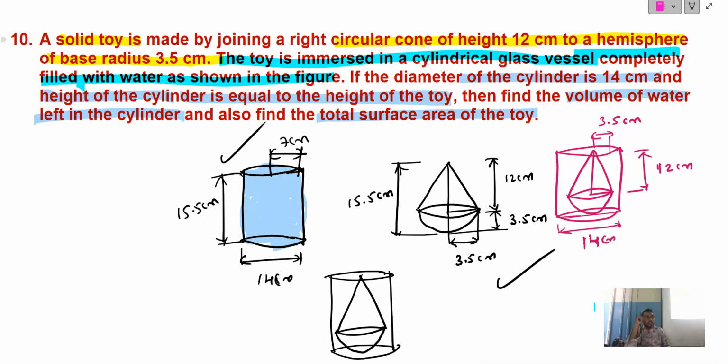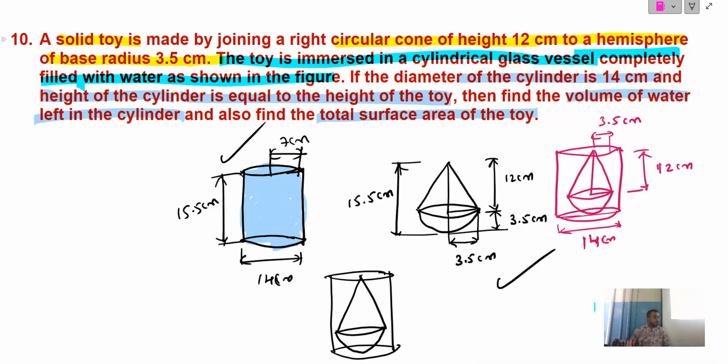Let me proceed. First, what they are asking us to find? Volume of water left in the cylinder, right? To calculate that, first we have to find the volume of cylinder. Volume of cylinder is pi r square h.